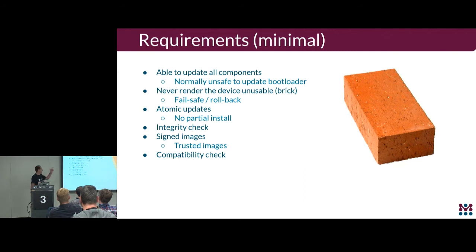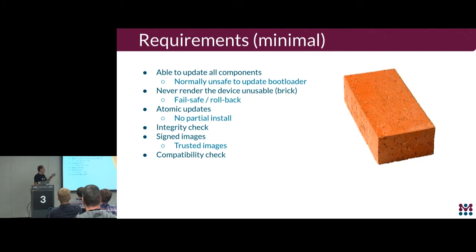You don't want to render the device unusable. A brick is the common term. So even if you lose power during the update or lose network connectivity, the device should just roll back, not break because of that. So you're prepared for all these things that can happen in an embedded environment.